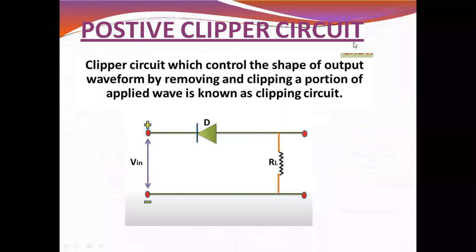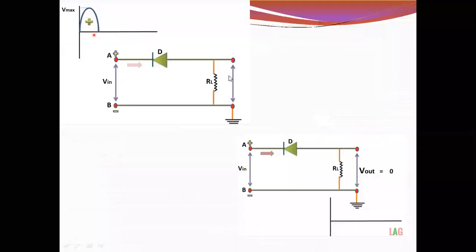What is the operation? Simply, in the first case, I am assuming only the positive half. Clearly, the positive half of the input waveform, which has positive amplitude, is applied to this circuit.